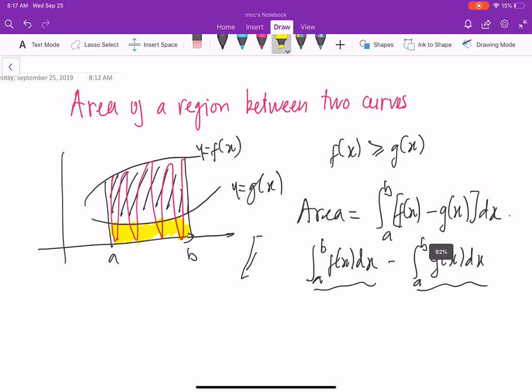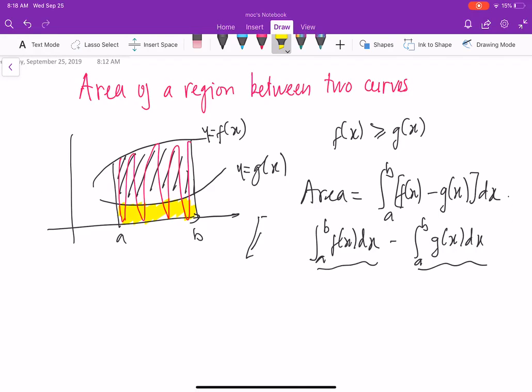Yeah, that is the meaning of this minus, okay? So it's from calculus 1. We know that the very beginning definition of the definite integral is the area of the region under some curve, right? Given that the curve is above the x-axis.